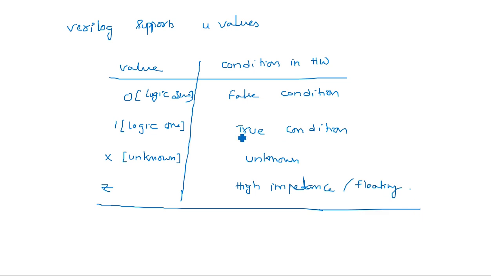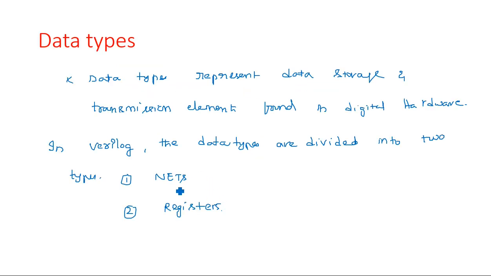So these are the four different values we generally use in Verilog, whether it is a register data type or a net. 0 means false condition, 1 means true condition, X means unknown condition, and Z means high impedance state.